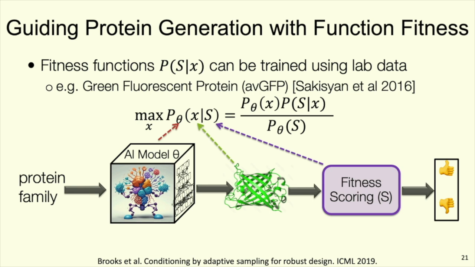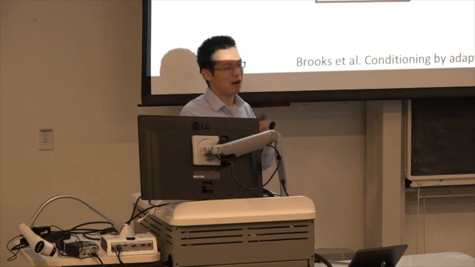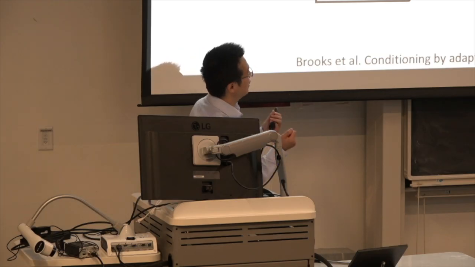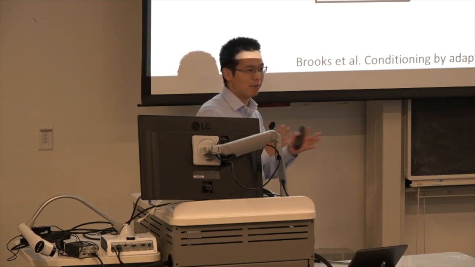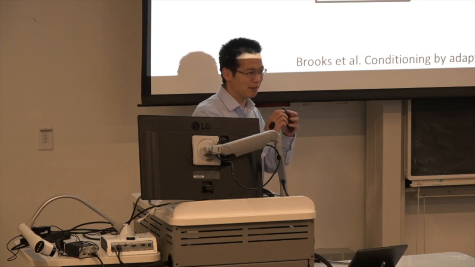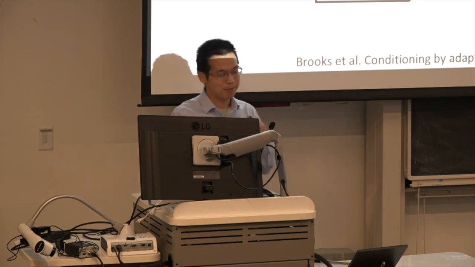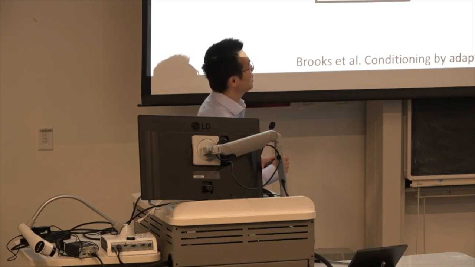One specific case of this fitness score is, for example, the green fluorescent protein. The score represents the intensity of light under the condition, so whether this protein will send green light out or not, and how intense it is. This can be trained using lab measured data. So you can view this as a metric function, basically.